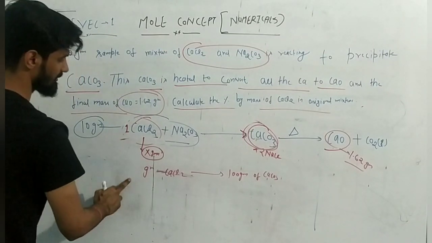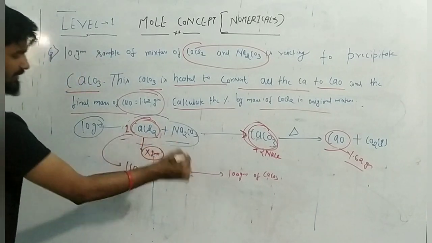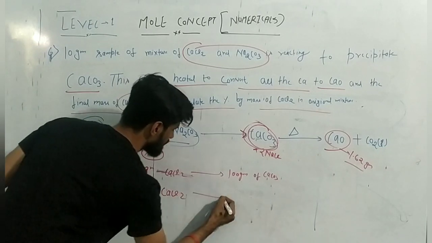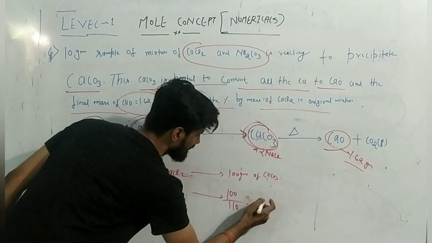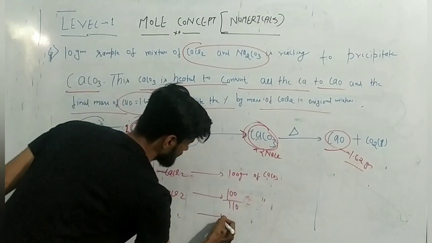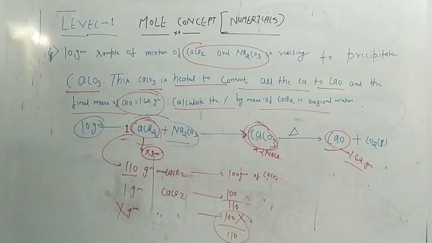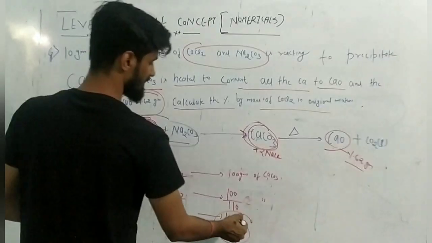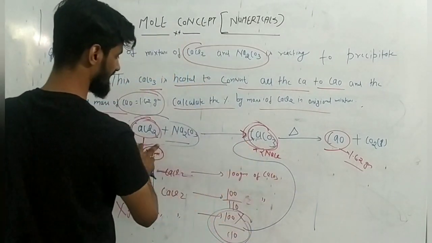So 1 gram of CaCl2 will produce 100 upon 110 gram of CaCO3, and x gram of CaCl2 will produce 100x by 110. I think up to this point you are clear. Now you have calculated the weight of the CaCO3 produced by this chemical reaction.